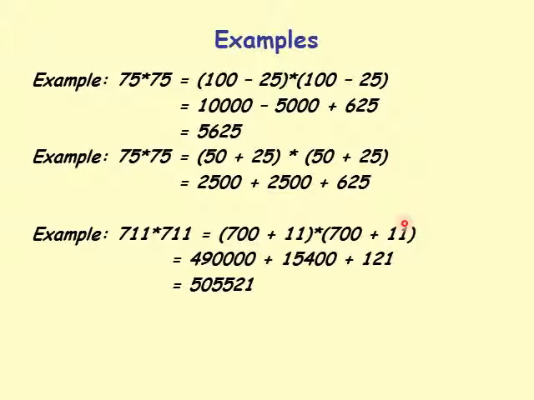B is 11, and 11 squared is 121. Now let's add them together. 49 with 4 zeros at the end plus 15400 is 505,400. Plus 121, it's 505,521.